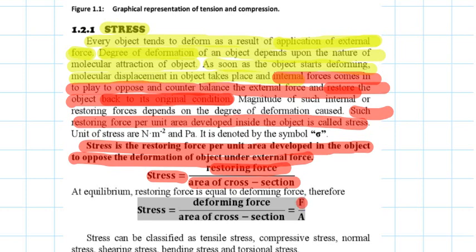So the unit of stress will become Newton per meter square, or you can say Pascal. The symbol for stress is sigma. If you read different books, every author uses different symbols for stress and strain. So here we are writing the symbol of stress as sigma.